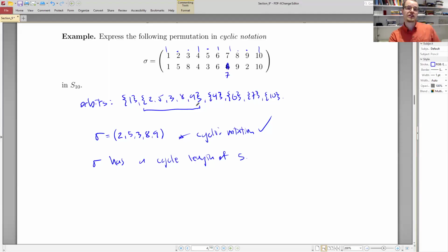Notice that if you take sigma to the 5th power, sigma would take 2 to 5, it's 1 iteration. 5 to 3, it's 2 iterations. 3 to 8, that's 3 iterations. 8 to 9, that's 4 iterations, and 9 back to 2, that's 5 iterations. So saying that it has a length of 5 is also referring to the order of the element, right, this element of the permutation group. So that's kind of cool, a little bit interesting, that we'll talk more about later.